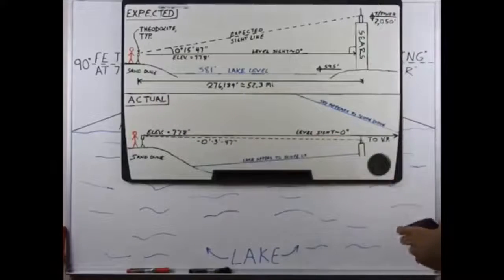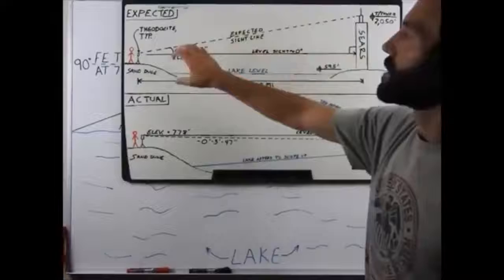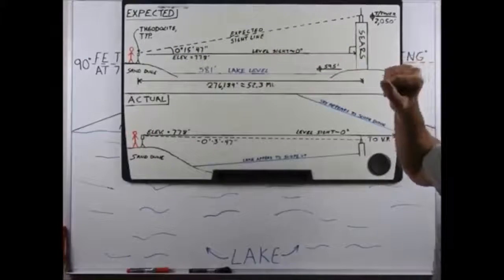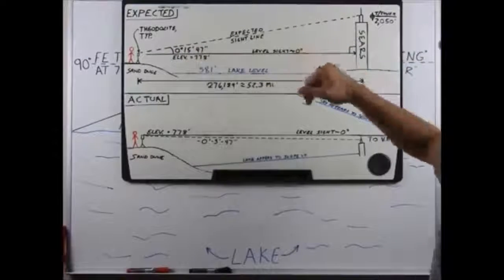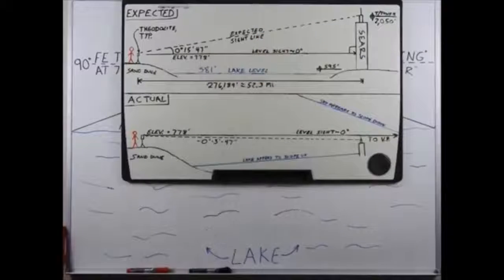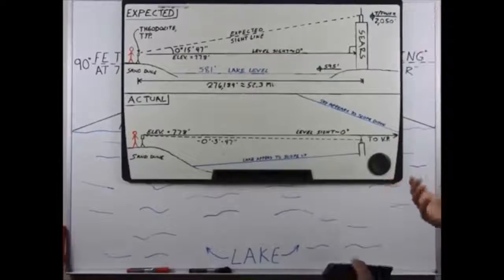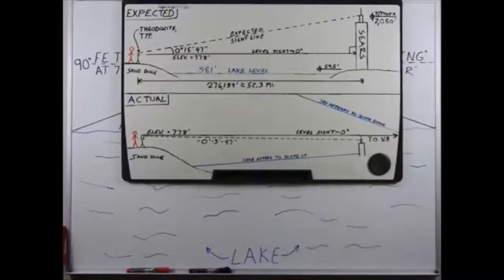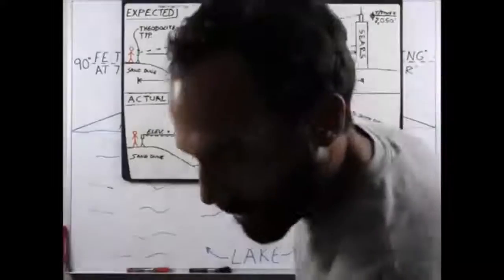If you watch the video, we would expect to see this, but we would also have our own perspective effects going on here. We would actually see the lake sloping up, but this is just an idea of how to visualize this calculation, how it was done. I've got the actual down here, but I'll talk about that in a minute.